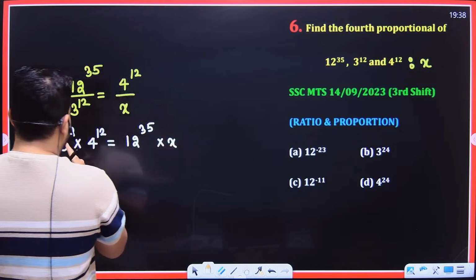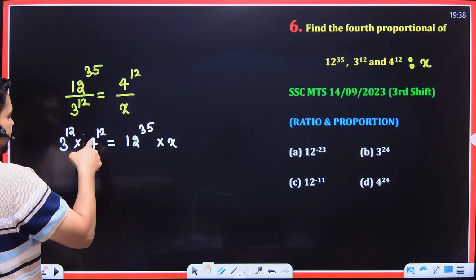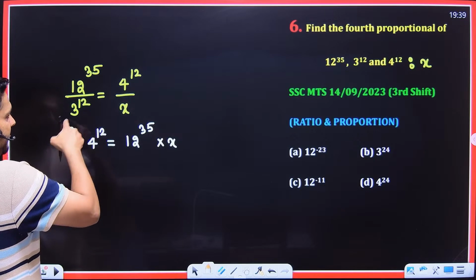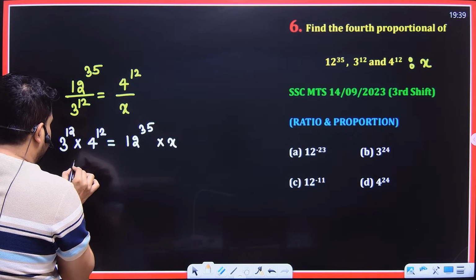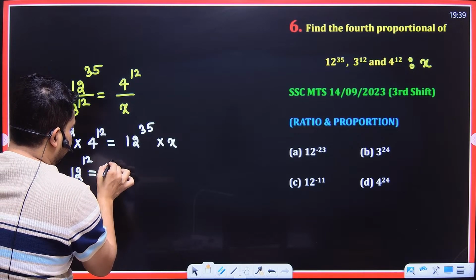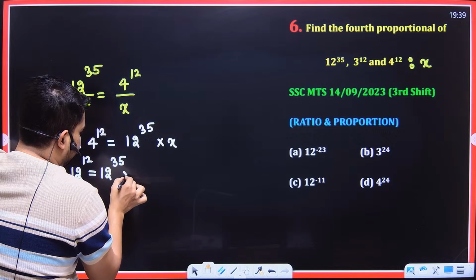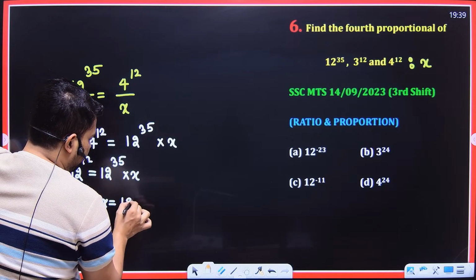See, if the power is same, then the base can be multiplied. 12 to the power 12 is equal to 12 to the power 35 into x. The value of x is equal to 12 to the power minus 23.